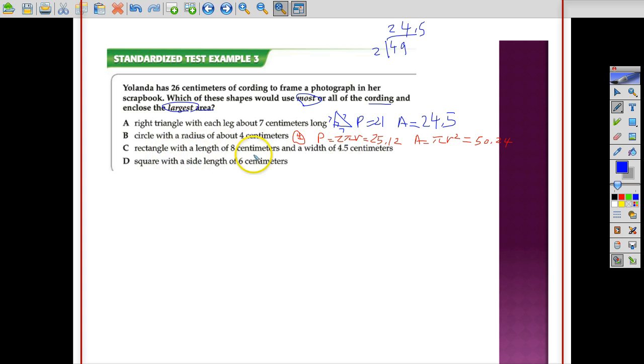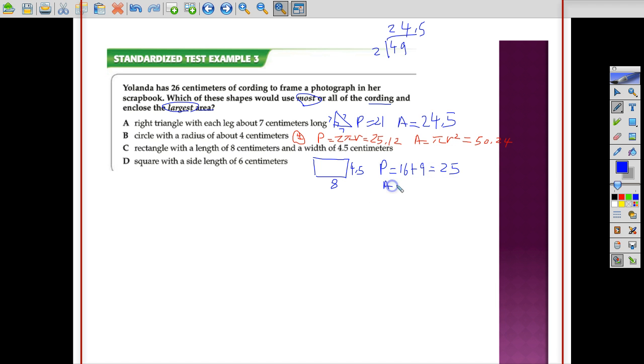For C, a rectangle with 8 centimeters of length and 4.5 as width. Perimeter will be 8 plus 8 plus 4.5 plus 4.5, which is 16 plus 9, and that will be 25.